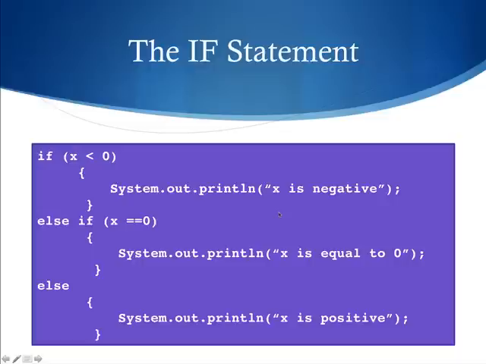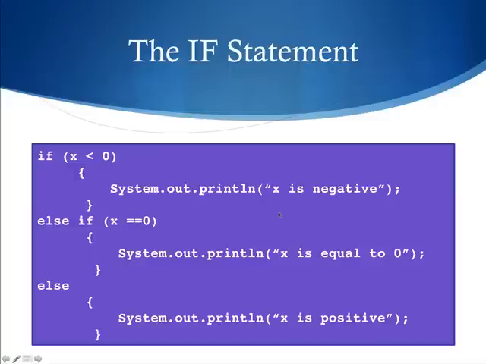However, if x is greater than 0, we're going to do something else. We're going to first check to see if x is equal to 0. And if x is equal to 0, then we're going to print out the statement x is equal to 0. Otherwise, if it's not less than 0 and it's not equal to 0, we're going to come down and execute the third else, which is sort of our catch-all, x is positive.